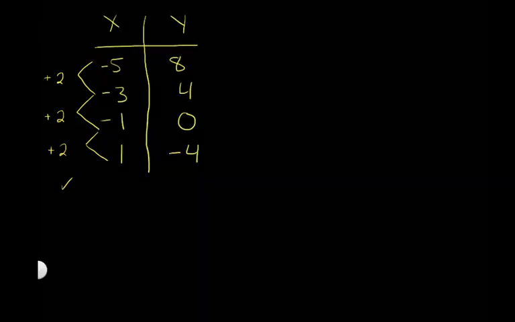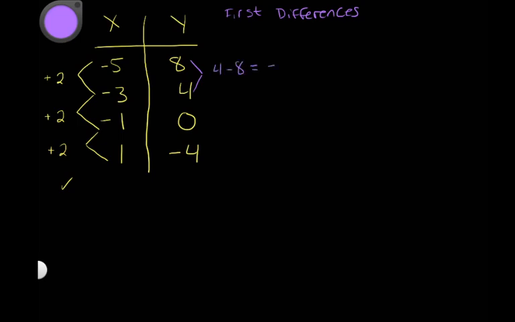So let's look at first differences. So our first differences, again, we're going to look at the change between the y's. So if I have my 8 and 4, if I say 4 minus 8, I get -4. Next, if I say 0 minus 4, I get again negative 4.